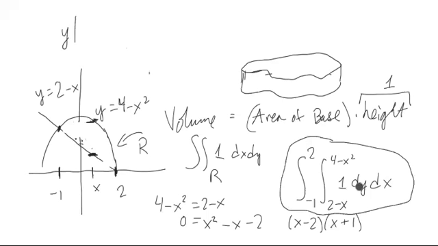The antiderivative of 1 is just y here, and you're plugging in 4 minus x squared and then subtracting 2 minus x. Now notice when you do that, you end up simply getting 4 minus x squared minus quantity 2 minus x, which is exactly what you would do if you're just subtracting the two y values of the two curves when finding the area between two curves. It's the exact same setup, but this just illustrates that it can be thought of as a double integral as well. So from -1 to 2 here, and then we can just go for it and compute this.